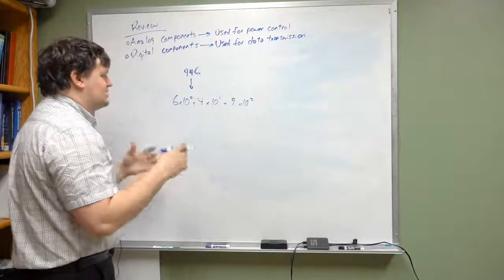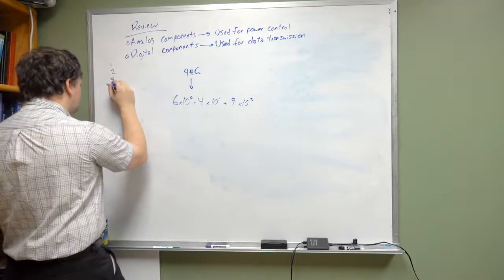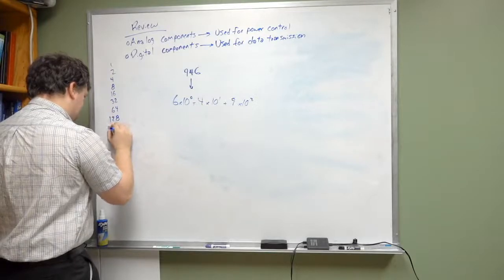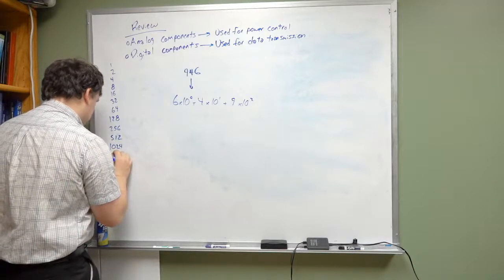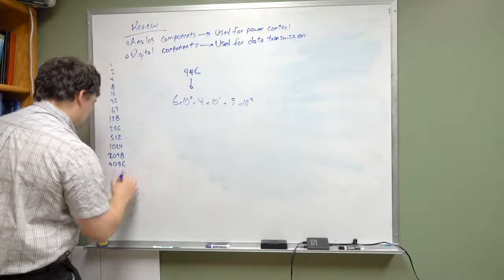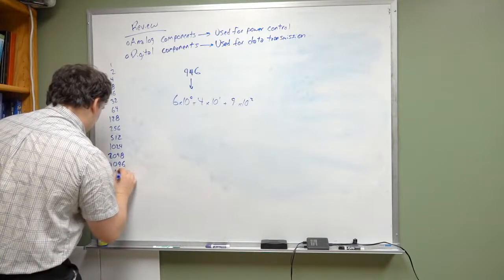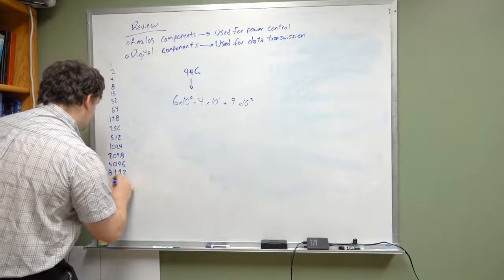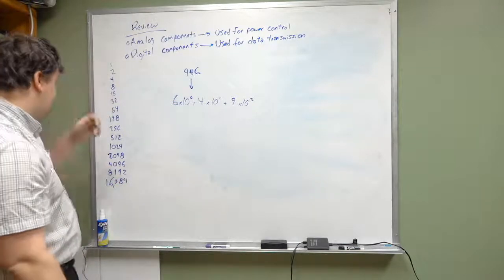So if you write out your table, this is 2 to the 0th, 2 to the 1st, 2 to the 2nd, 2 to the 3rd, 4th, 5th, 6th, 7th, 8th, 9th, 10th, 11th, 12th, 13th, 14th, 16,384. Well, I don't need to go any higher than that. I went higher than I needed to.